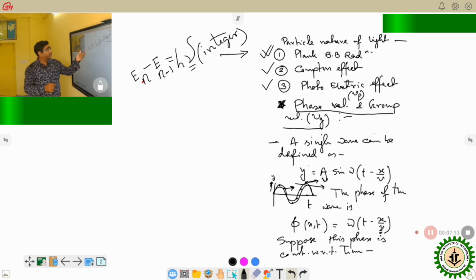This is the concept first proposed by Planck, which satisfactorily explained the phenomena of... one minute please.